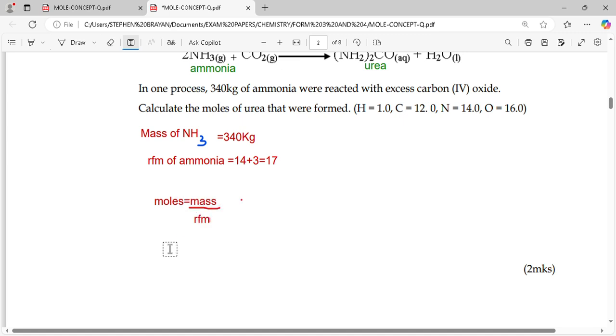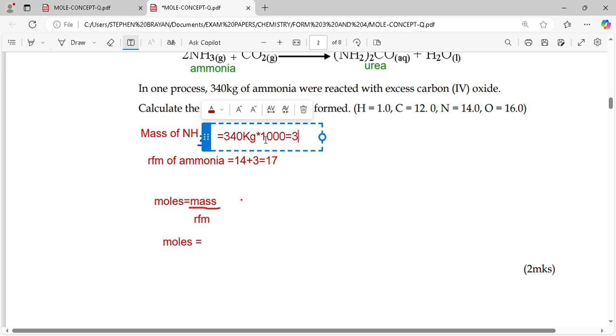So our moles is going to be equal to our mass. Our mass is 340 kg. But remember, you cannot work with it in kg, so you have to convert it into grams. You convert it into grams by multiplying by 1,000. So the mass in grams is 340,000 grams.